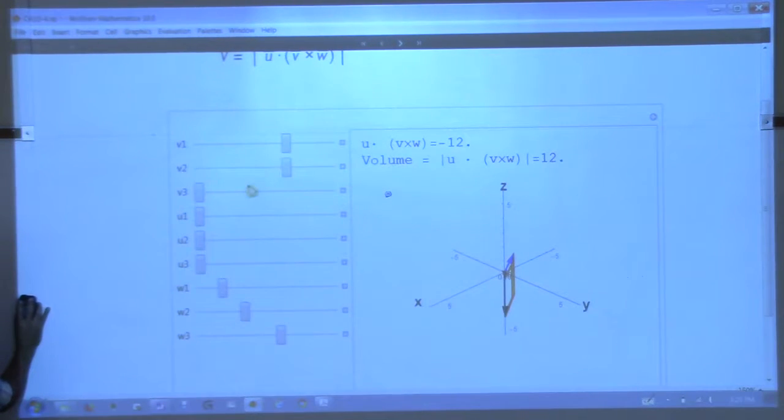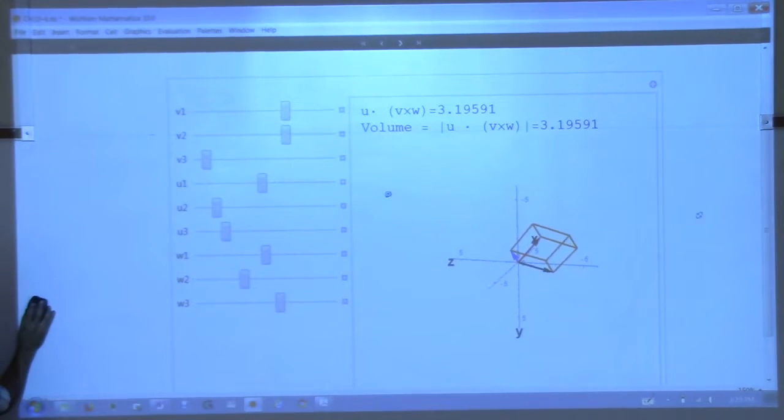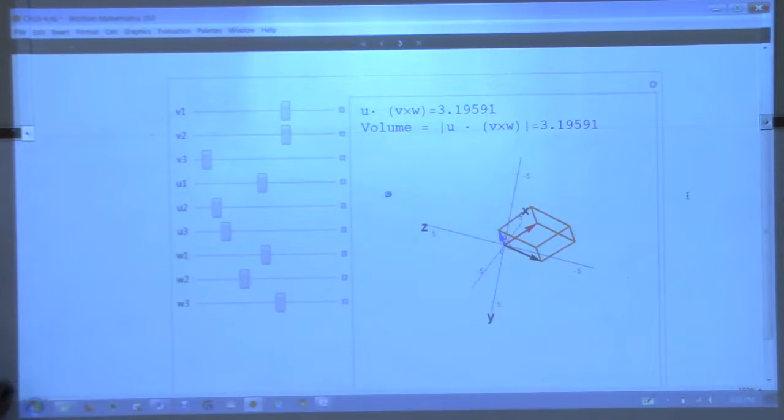three-dimensional, there's got to be a name for it. Is that okay right there? That is a parallelepiped.